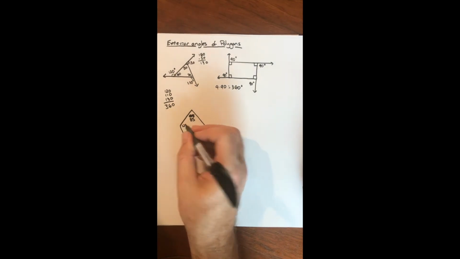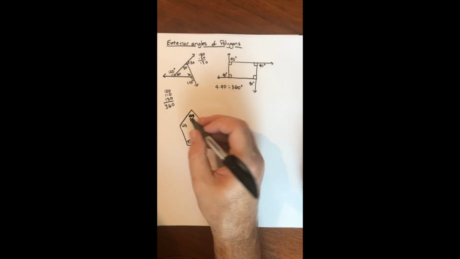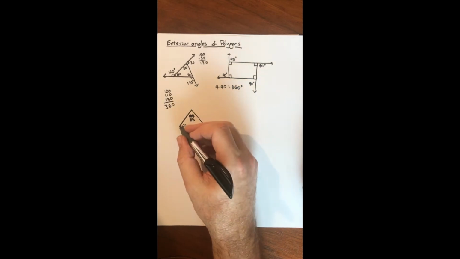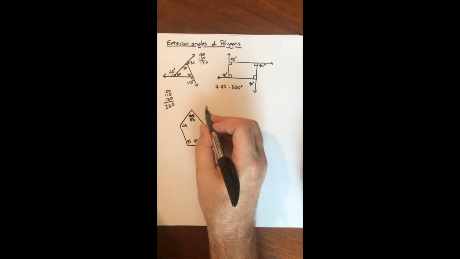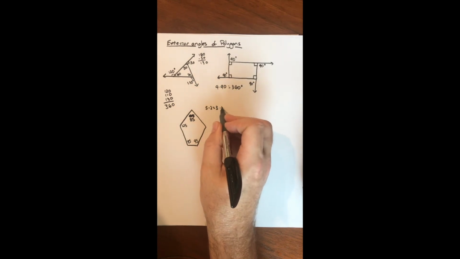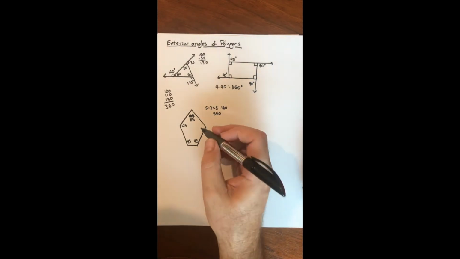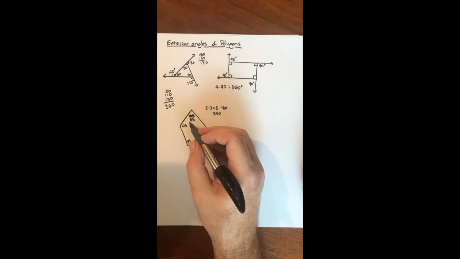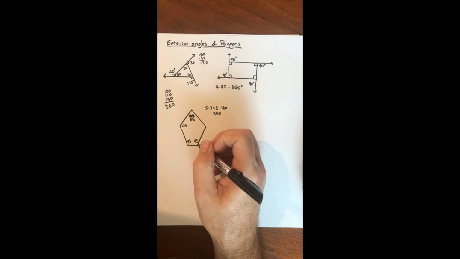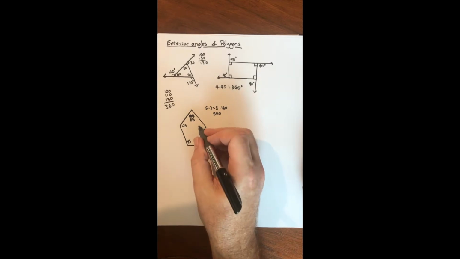And just for fun, because of the interior angle, see, there's 1, 2, 3, 4, 5 lines. So 5 minus 2 equals 3. And if I multiply that by 180, I get 540. So this has to equal 540. Right there, I've got 210 plus another 190, which is 400. So, wow, this guy's got to be 140.